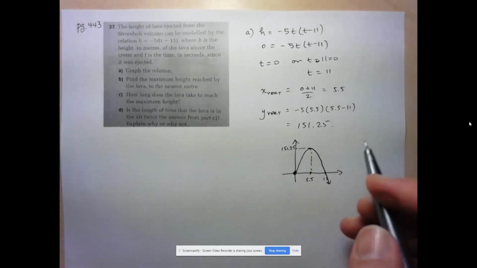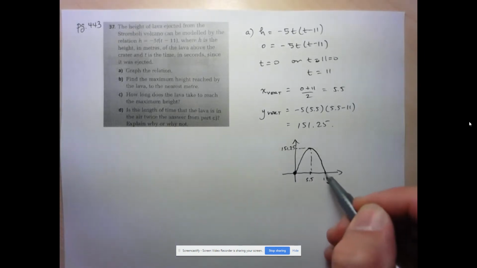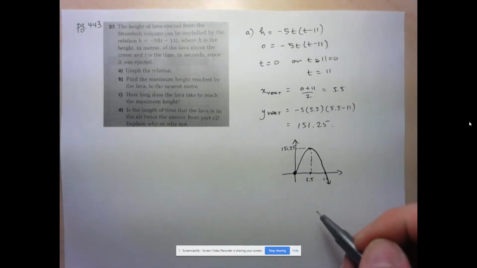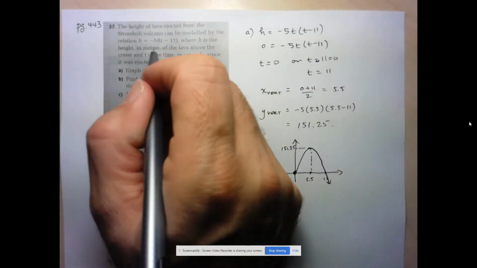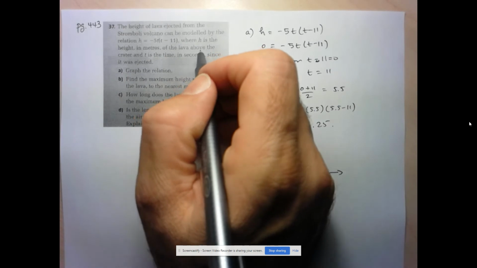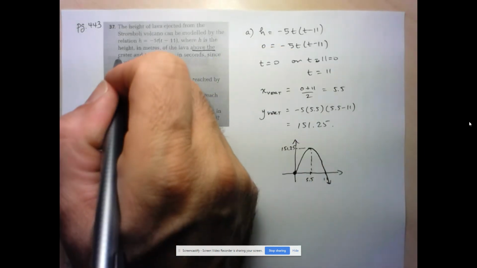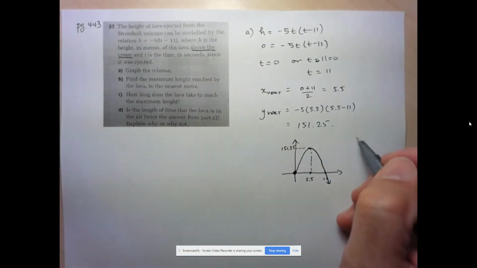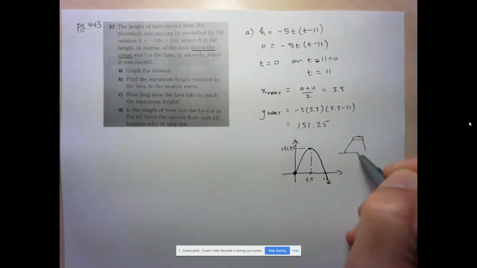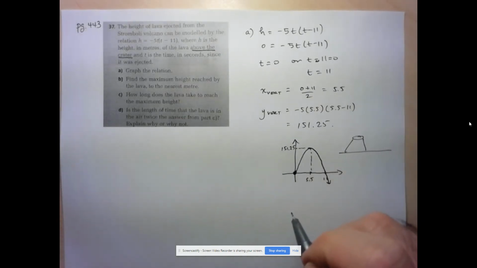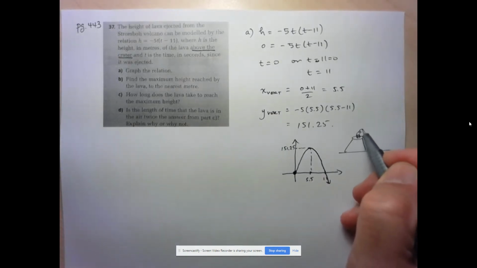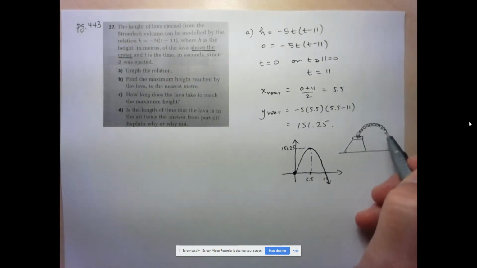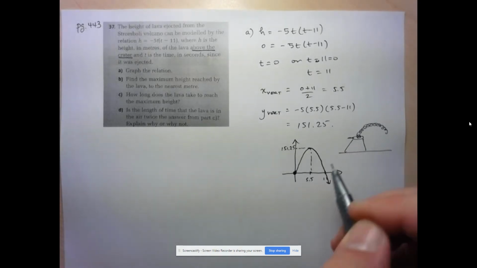Now you might be wondering, why did I draw this continuing to go down? Well, this is because I noticed something very interesting. It says that h is the height in meters above the crater. But if you think of, say, I've got a volcano, it's like a mountain, so this is going to spew out, but the height of the volcano or the crater is there.